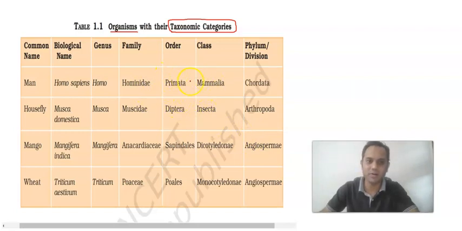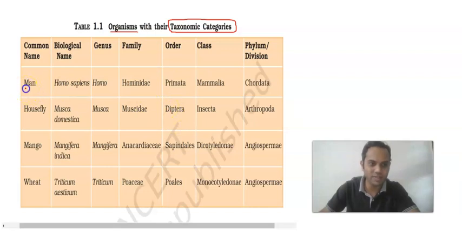Out of that, one order will be Primata, so you have to select the correct order. Or you are given 3 orders among these: Primata, Diptera, Sapindales. Out of that, to which order does man belong? The question can be framed in any fashion. So the better way to learn all these things is through the 4 different examples given.